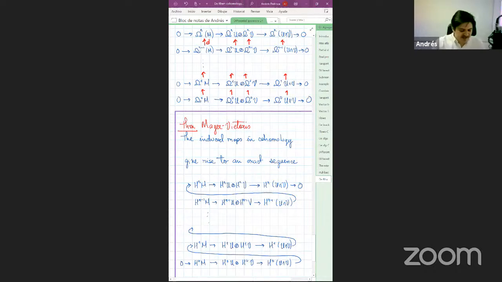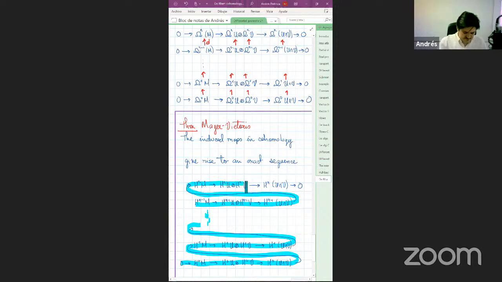So what we were aiming at is precisely this exact sequence. We start on degree 0 and we move forward on degree 0, 1, 2, up to n.